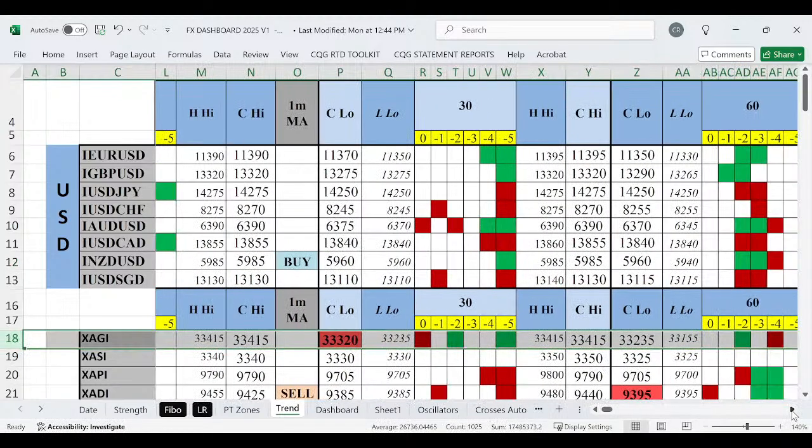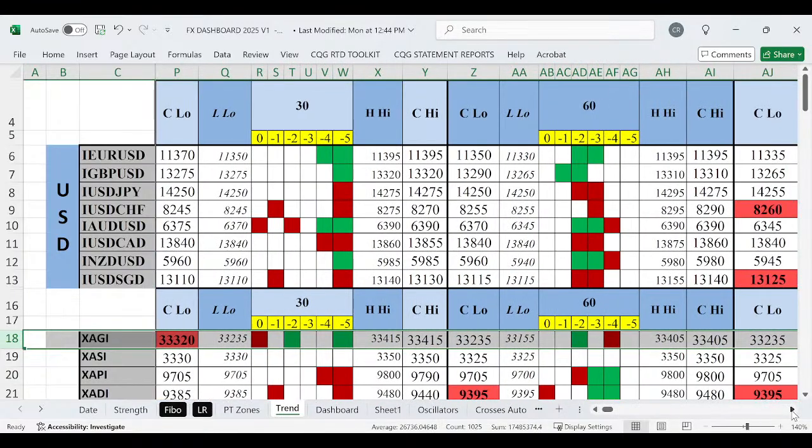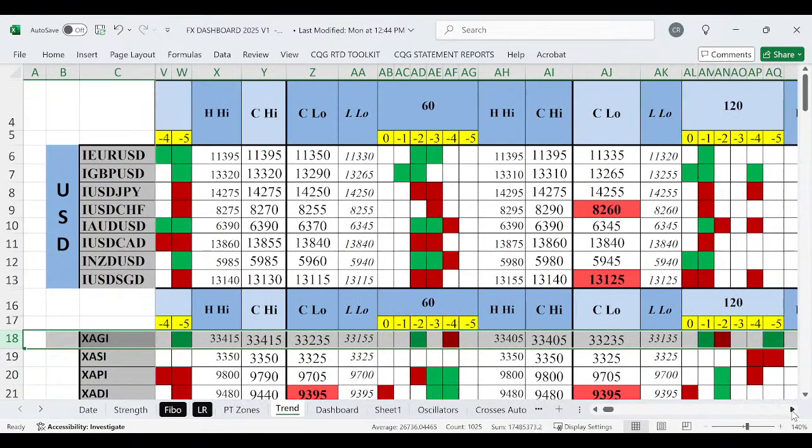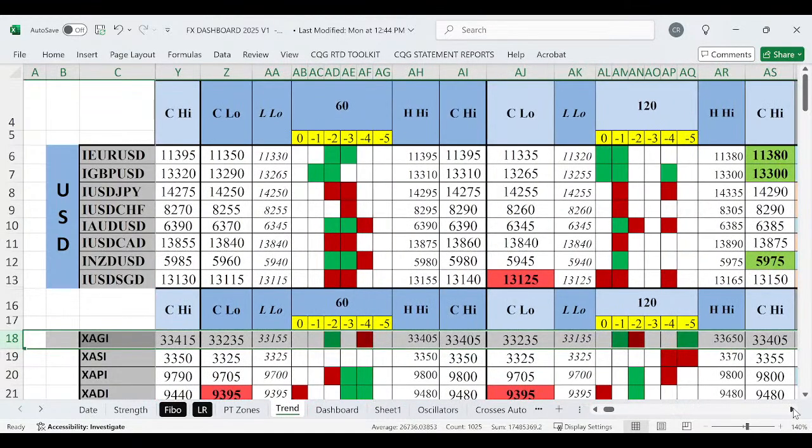So, gold, if you look into your current time belt, okay, this is flat. Okay, this is flat and this is within the range on the hourly between 3323 half and 3340 half. This is your hourly range. Then 2 hour range is also similar.